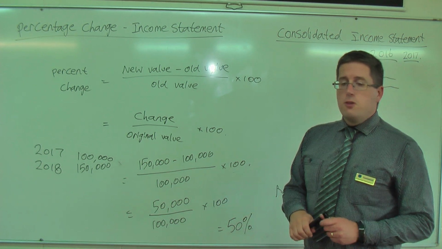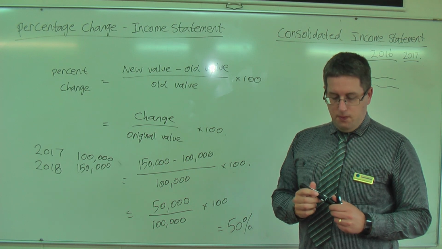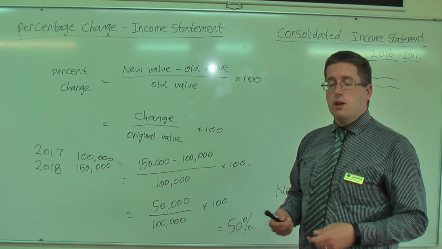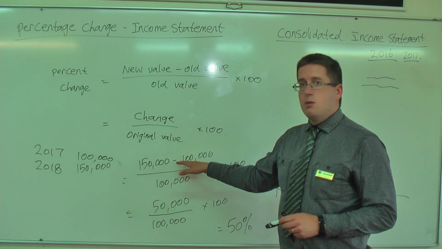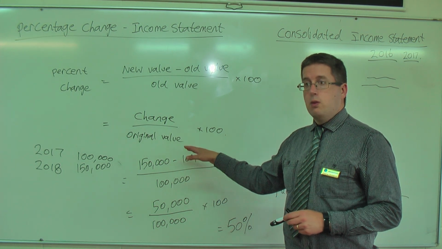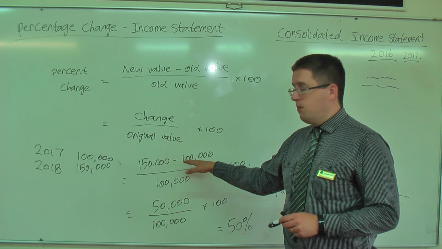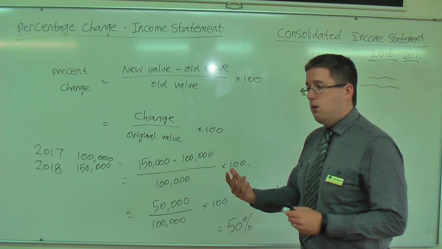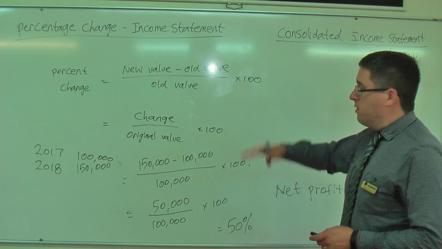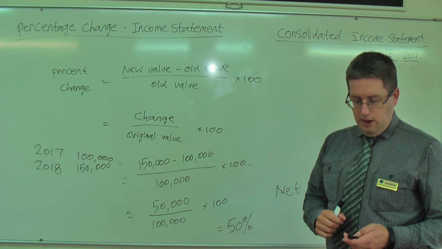If it's a positive figure, it's an increase. If it's a negative figure, then it's a decrease. So if the change had gone down, this top side would be a negative figure, so it would be a negative percentage, and so a decrease. Okay, so that is percentage change.